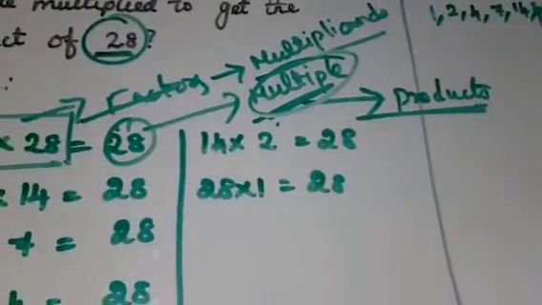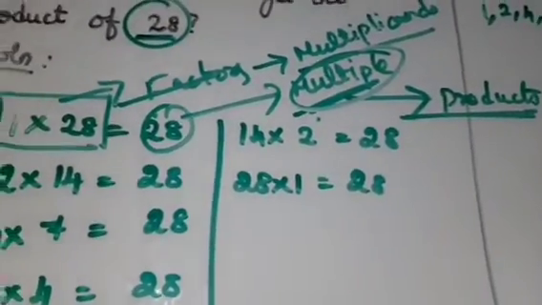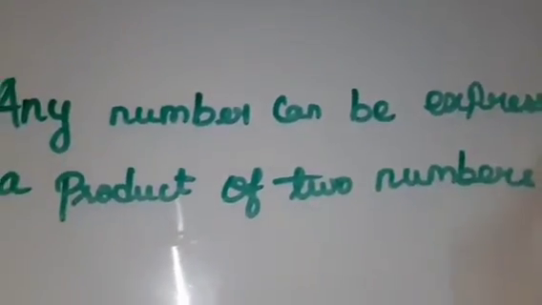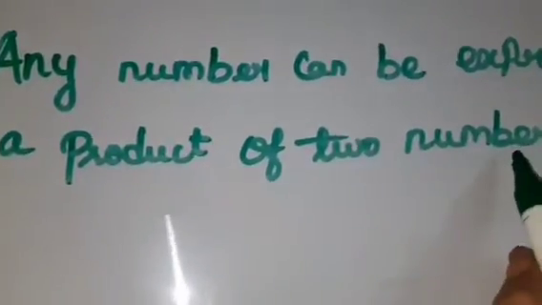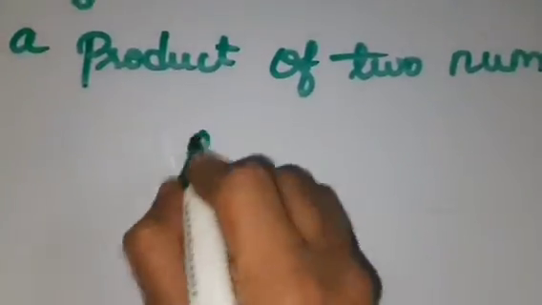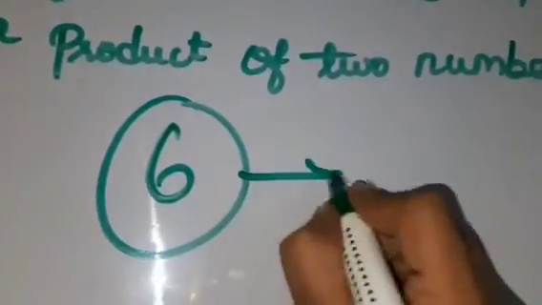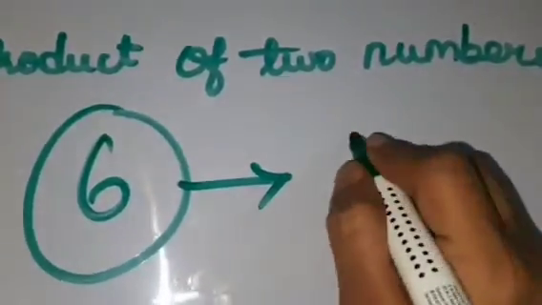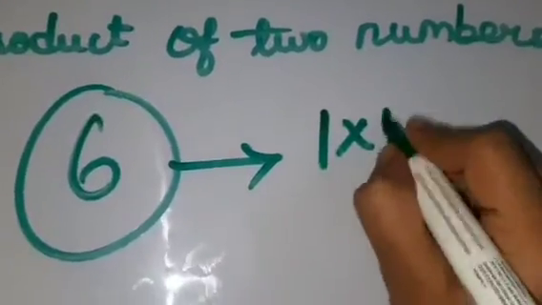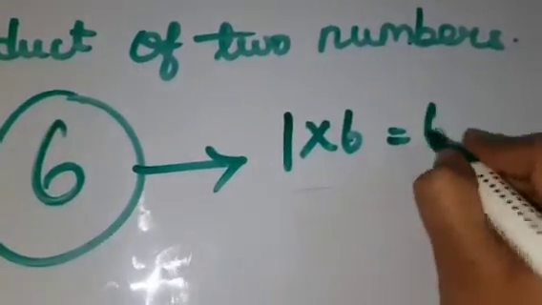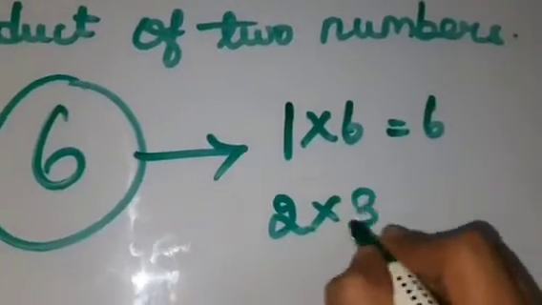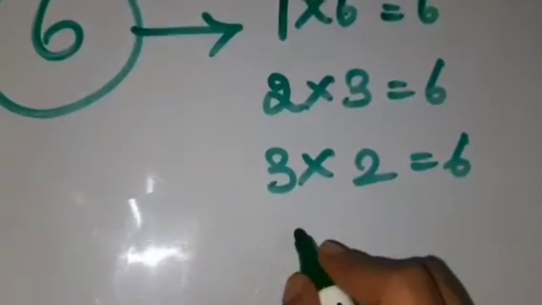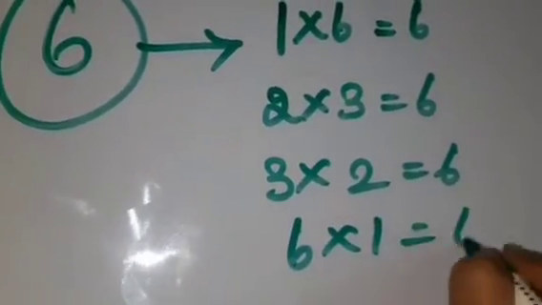Now let's get to know what is meant by a factor tree. Factor tree. Any number can be expressed as a product of two numbers. For instance, 6 is a number. This can be expressed as a product of two numbers. It can be either 1 multiplied with 6, or 2 multiplied with 3, or 3 multiplied with 2, or else 6 multiplied with 1.